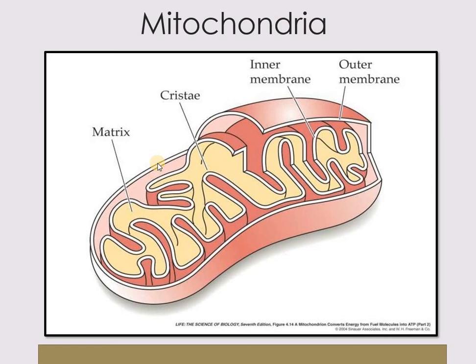It contains a clear, homogeneous fluid. The space between the cristae is called the inner chamber. It is filled with a dense fluid called the mitochondrial matrix. The matrix contains respiratory enzymes, lipids, some ribosomes, RNA, a circular DNA, and certain ions.